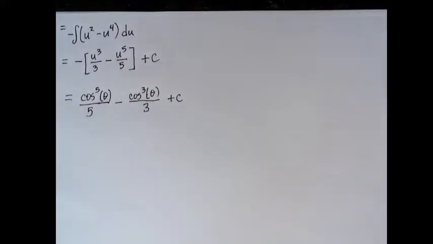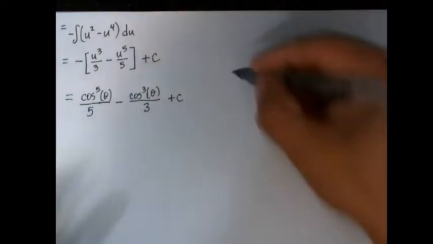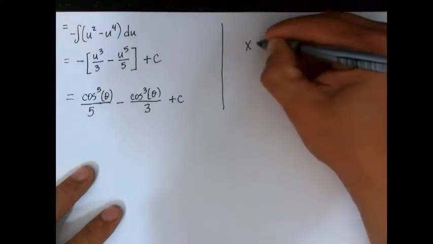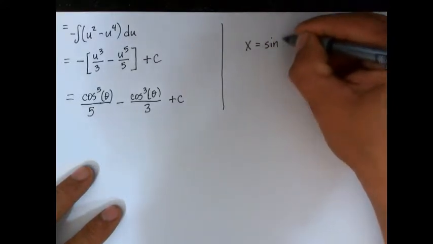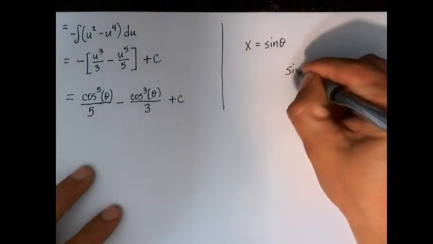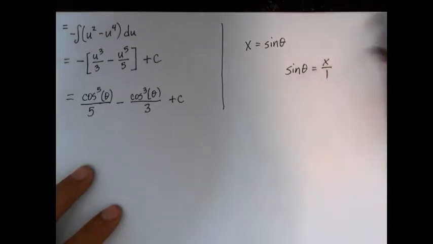Now yet we have another problem, and that problem is that the original integral was in x, not theta. So I want to put a little sidebar over here. We said that x is equal to sine theta. This means that sine theta is x over 1.